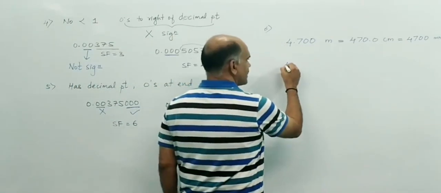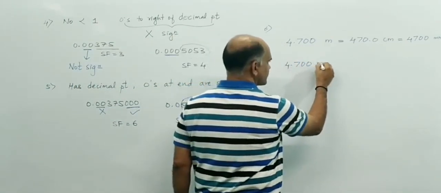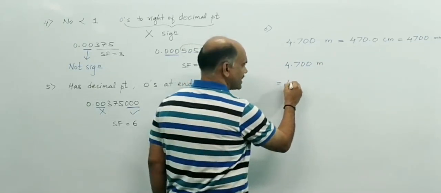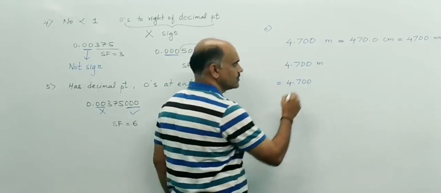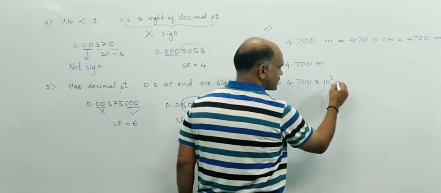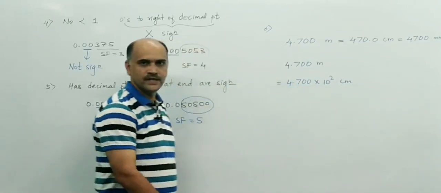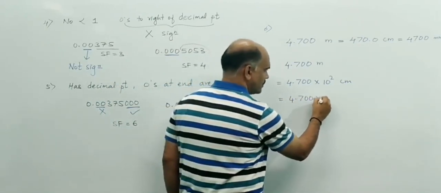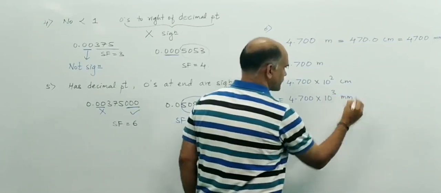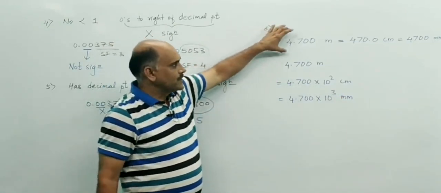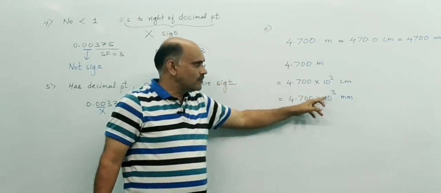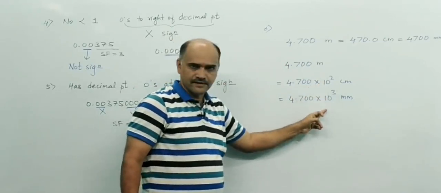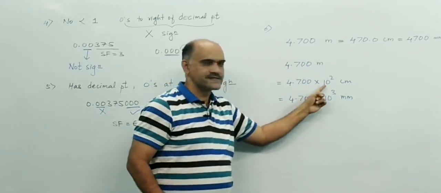Now, this is the given number in meters. Instead of writing it in this form, you should write it as 4.700 into 10 raised to 2 centimeters. Similarly, 4.700 into 10 raised to 3 millimeters. So when a number is expressed as a power of 10, the power of 10 we don't consider; it is irrelevant.